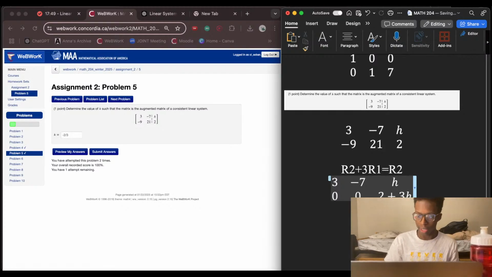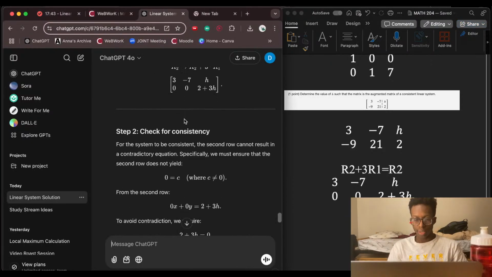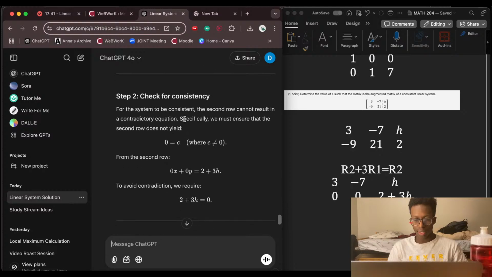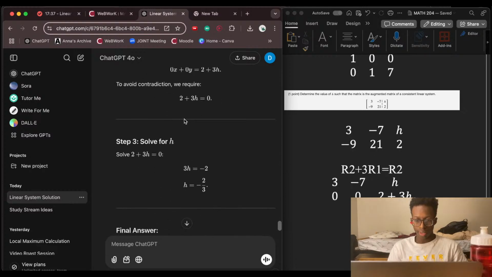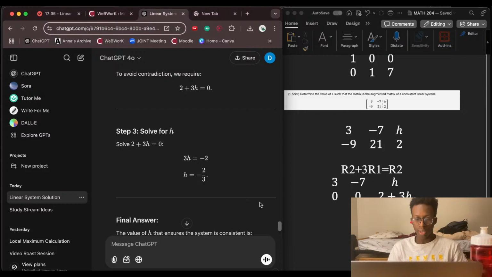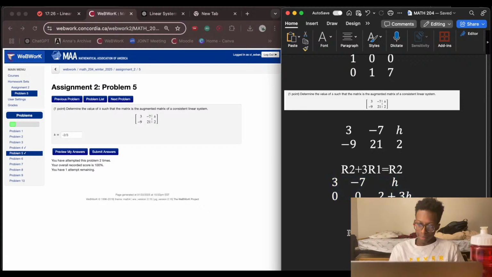Okay, so now when you have that, because we're solving for h, we want h to equal something.